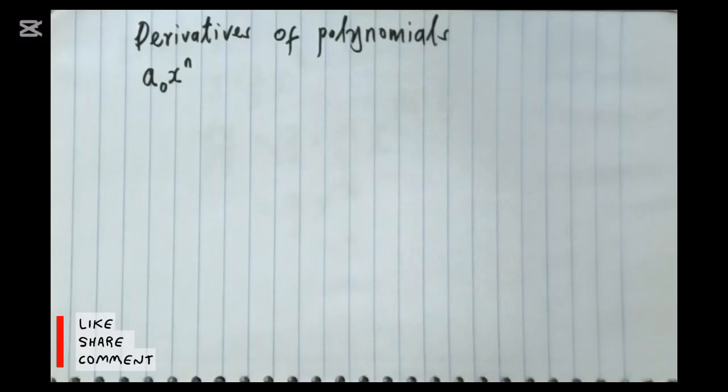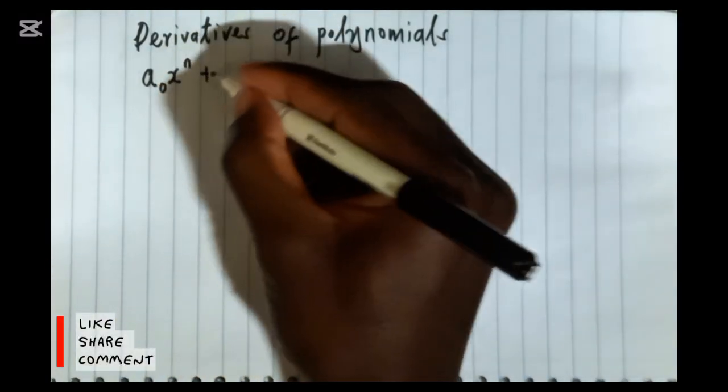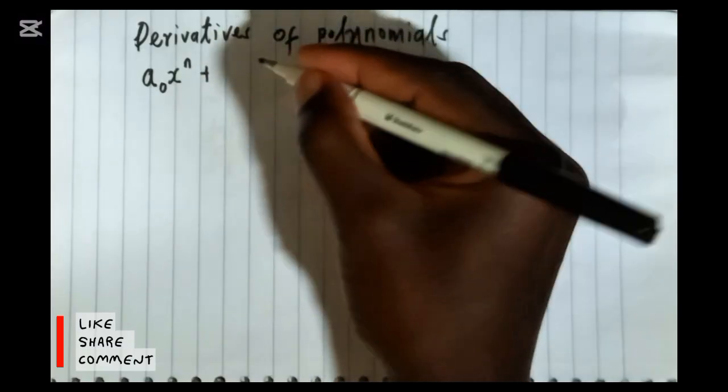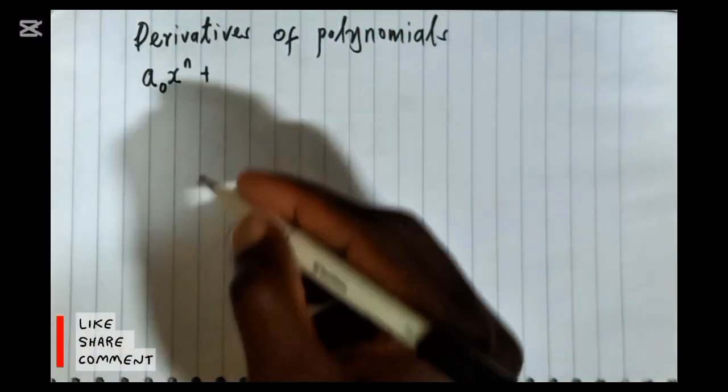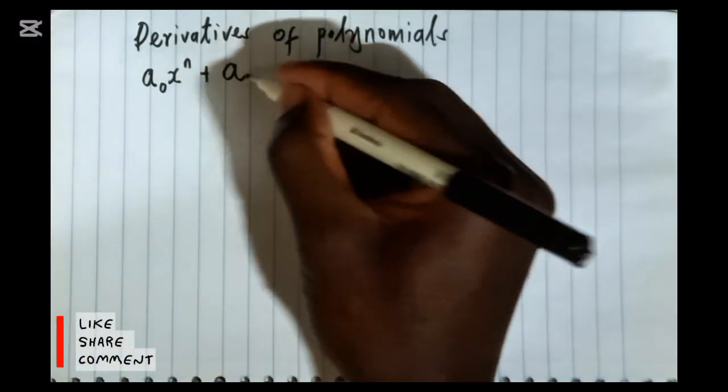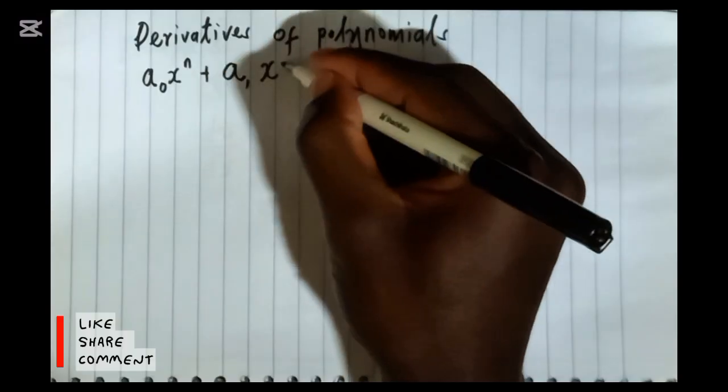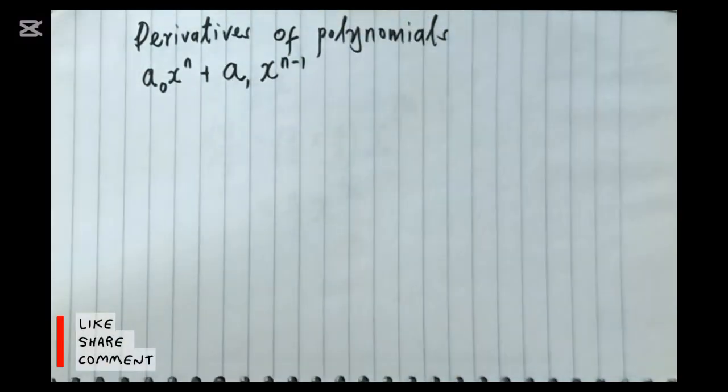So we would have a, where a is a coefficient, x raised to n, and then another term after a x raised to n, basically a sum, let's say a1 x raised to n minus 1.